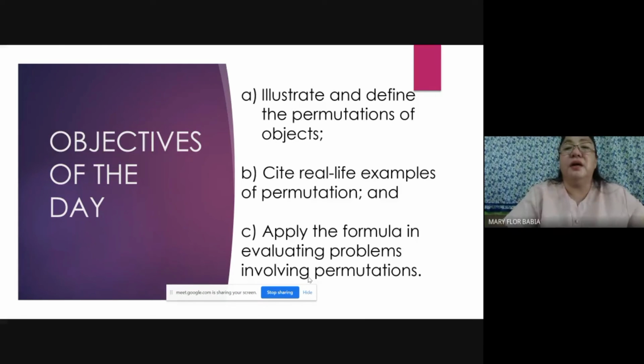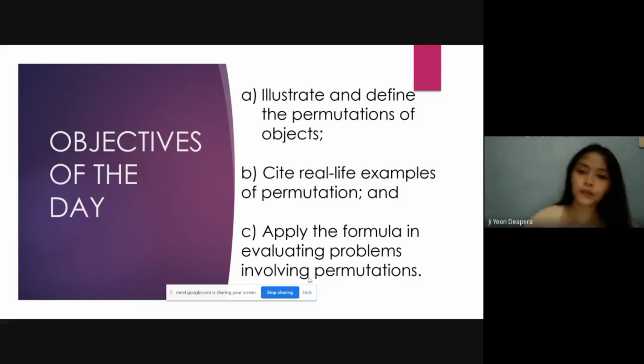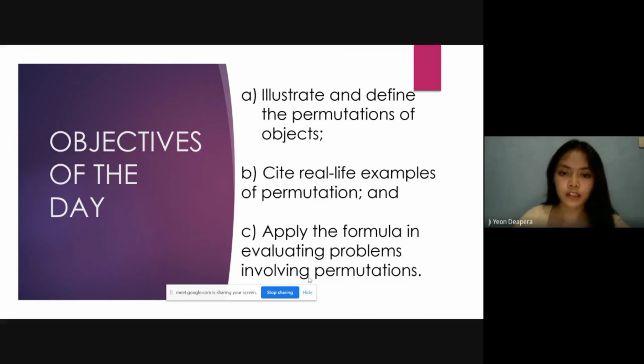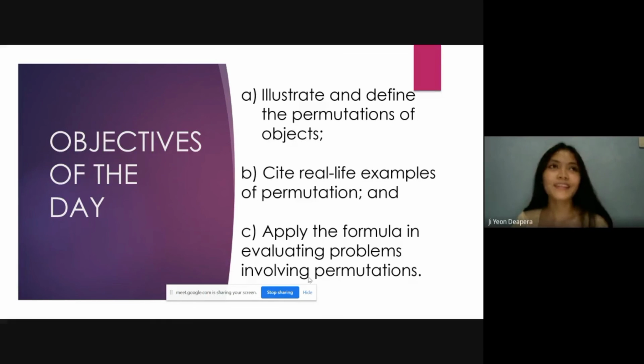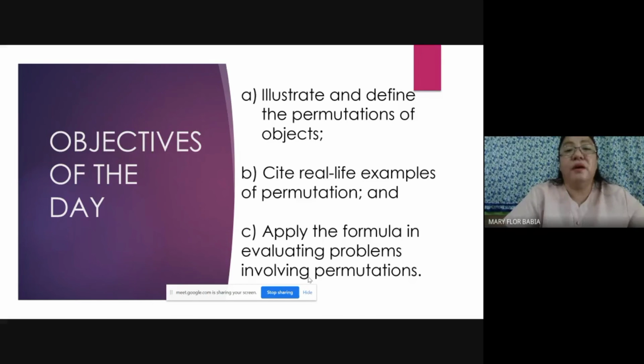Okay, very good. Okay, number 2 objective: cite real-life examples of permutation. Were we able to cite real examples of permutation? Yes. When they were giving examples like plants that they would want to arrange. How about the last one?